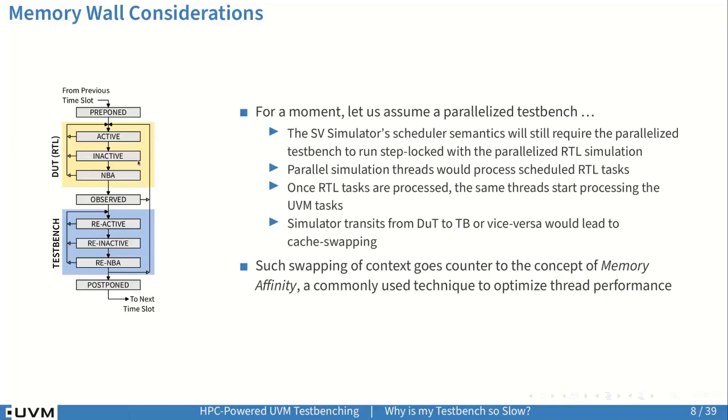So context switching is going to be an issue in case you are trying to make testbenches multi-core in SystemVerilog. By the way, SystemVerilog doesn't have constructs to make the testbench part of the simulation multi-core. But even if you want to do that, it will have issues due to the scheduler semantics.